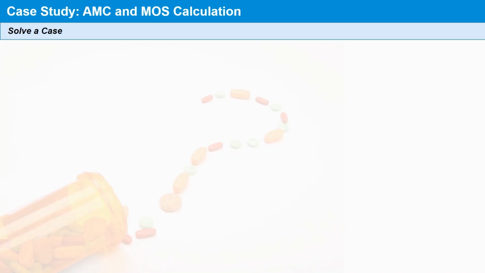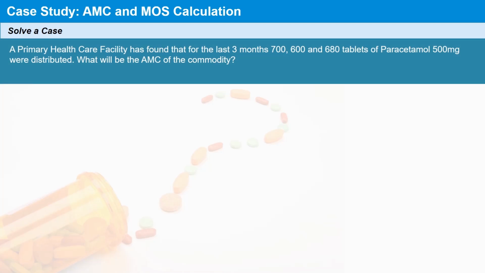Here's another case where you need to calculate the average monthly consumption and the month of stock. A primary healthcare facility has found that for the last 3 months, 700, 600, 680 tablets of paracetamol 500 mg were distributed. What will be the average monthly consumption of tablet paracetamol? If the facility has 1500 tablets in stock, what will be the month of stock?